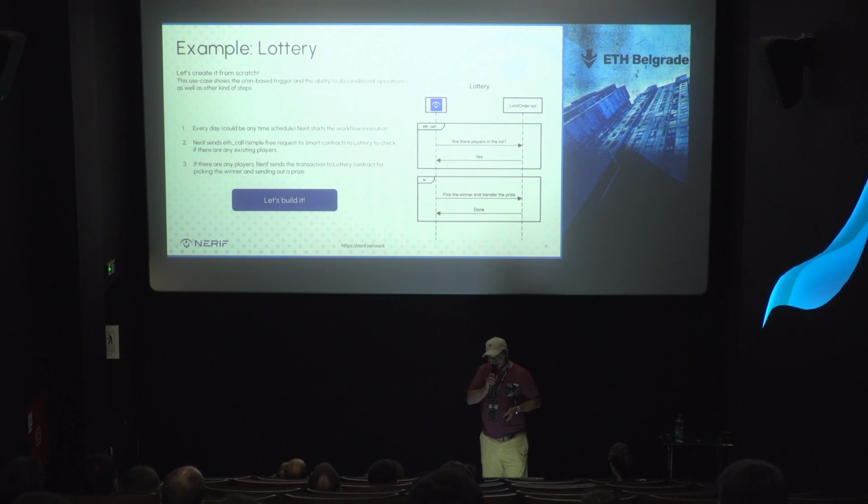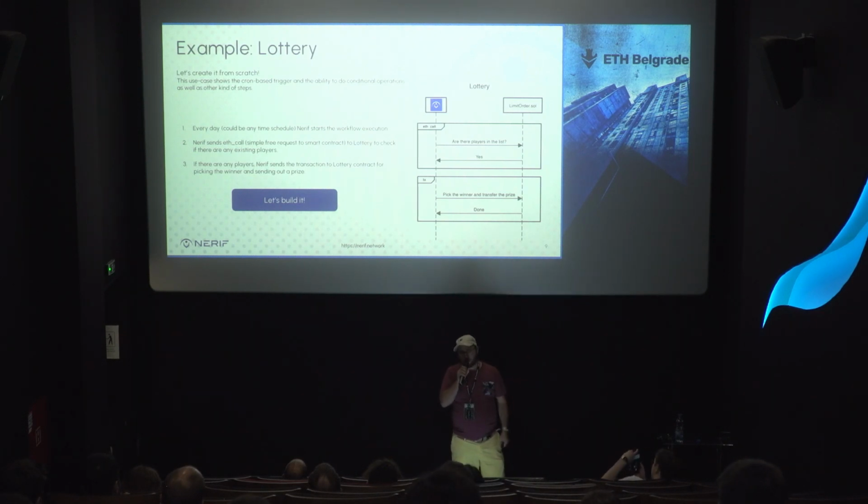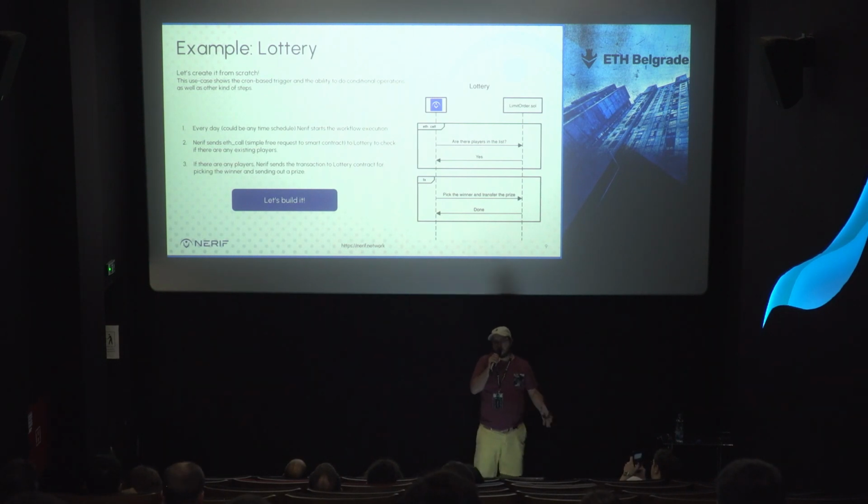It is a lottery contract, and it's a game. It's straightforward. It has two functions. As a user, you can put money into the smart contract. And once every week, we're now going to execute it once every minute just for demo purposes, you want to do an automatic drawing where all that money in that smart contract gets pooled and gets sent randomly to the winner of the lottery.